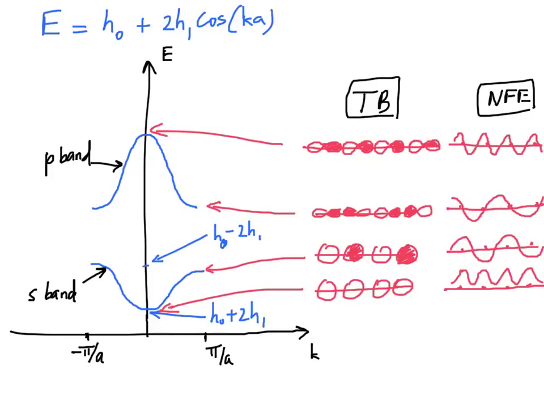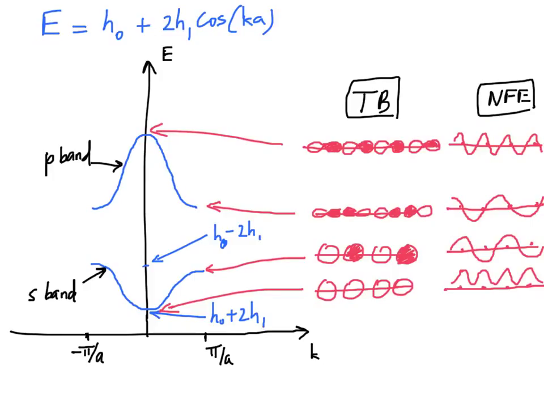And here are the wave function depictions within the nearly free electron model, right? So NFE for nearly free electron, and TB for tight binding. This is the tight binding picture of the wave functions, and this is the nearly free electron picture of the wave functions. These are the wave functions that I drew at the very end of the previous lecture.